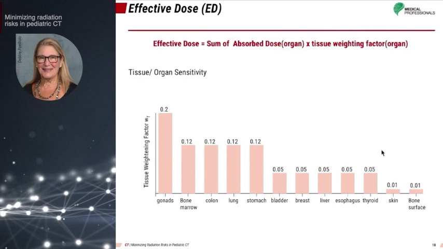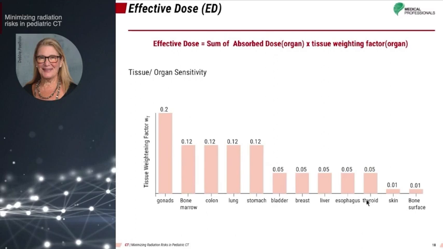Next, the absorbed doses are converted to equivalent doses. Remember, each organ or tissue type has a different level of radiosensitivity, and so the same radiation dose absorbed by muscle and by the thyroid do not represent the same radiation risks, for example.